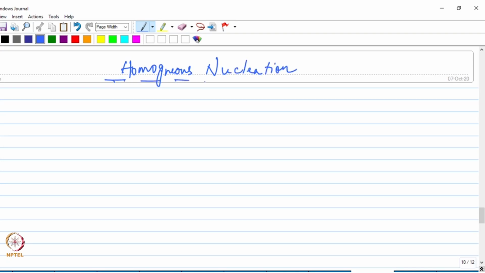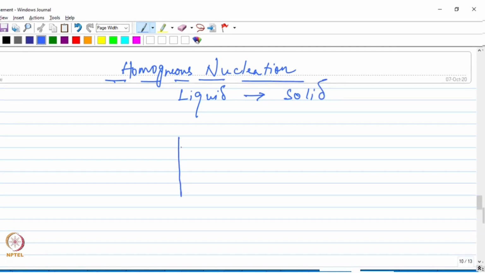So let us restrict ourselves to this solidification phenomenon, that is, the transformation from liquid to solid. And for this, let us consider this diagram where the first particle of the solid is forming from the liquid. So let's say this is the solid which has formed. Above this you have all liquid.